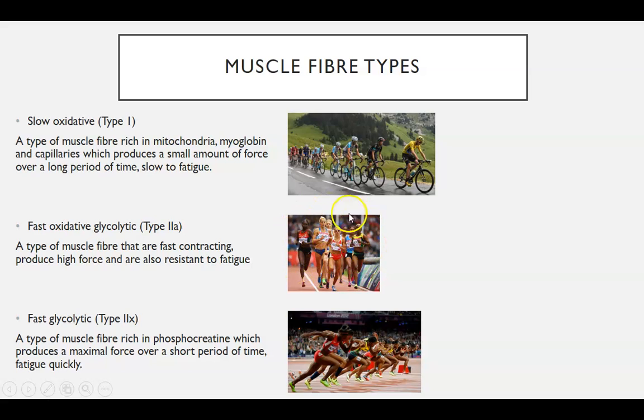It's a fast twitch muscle fibre, so speed of contraction is fast, force of contraction medium to high. It's resistant to fatigue, so it doesn't fatigue as easily. So we go from long, to middle, to 800, to very short, high intensity, short duration, high force, high power, fast speed.